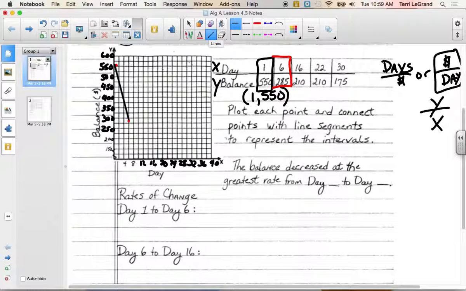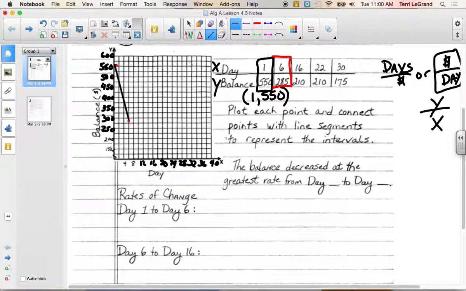No arrows needed. They're going to be just line segments. When we're doing rate of change, it's not going to be a nice straight line. Instead, it's going to be a group of line segments.